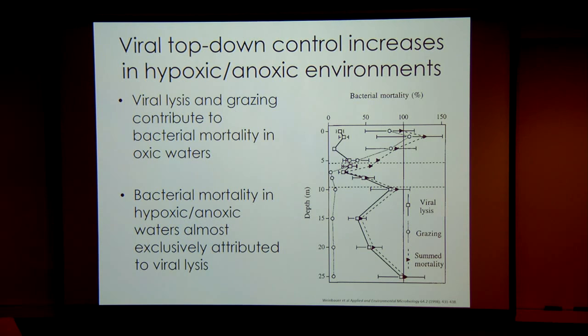Tying it to these anoxic zones, these dead zones, viral lysis is likely to make up almost 100% of bacterial mortality within oxygen-depleted zones, because the macroorganisms and grazers that would otherwise contribute to a lot of mortality in the oxic areas would have a hard time without oxygen, so there are probably not as many of these predators, and the viruses are going to be contributing to much more of the mortality of microorganisms in these dead zones.